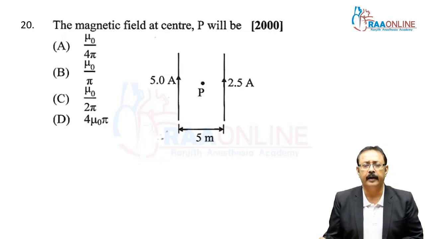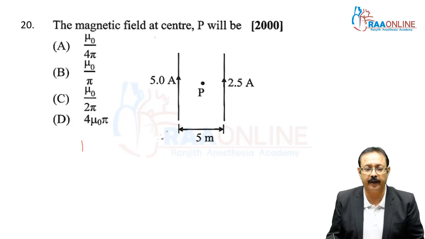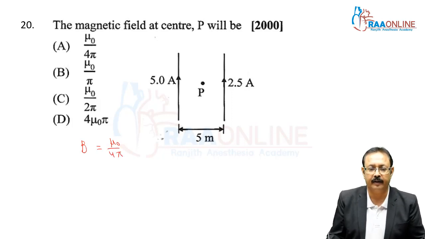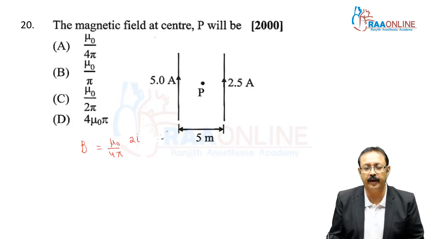Next, it is from 2000 AIPMT. The magnetic field at the center. Now we know the formula. What is the formula for magnetic field? Mu naught upon 4 pi near a wire, 2I by R. But 2 wires are there.